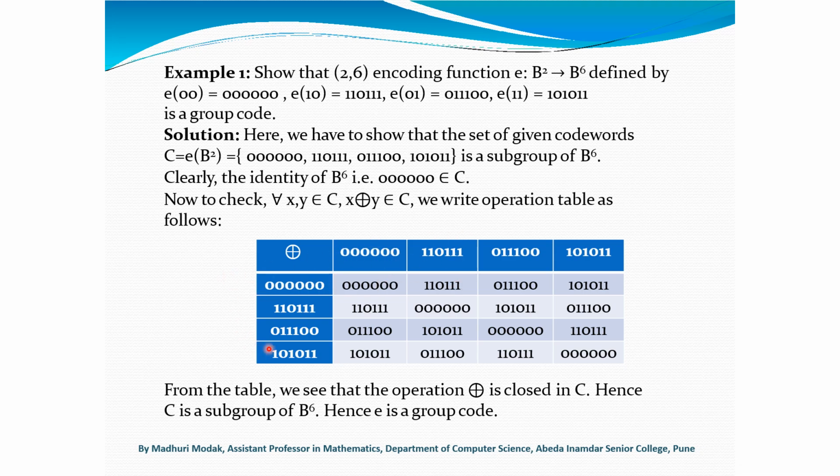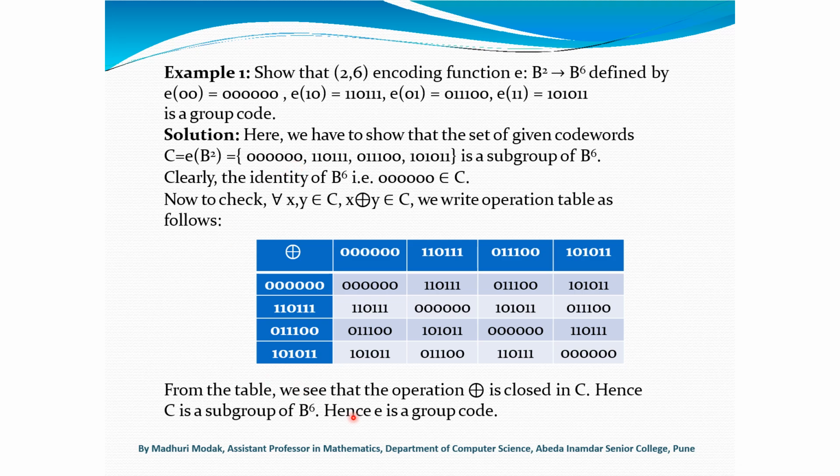Similarly, the column. Now addition we have to do coordinate-wise, first with first, second with second, third with third, like that, in which 0 plus 0 is 0, 1 plus 0 is 1, 0 plus 1 is 1, and 1 plus 1 is 0. So this is the table we got. Now observe the elements of this table. All elements are from C only.